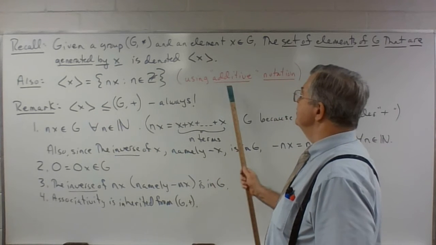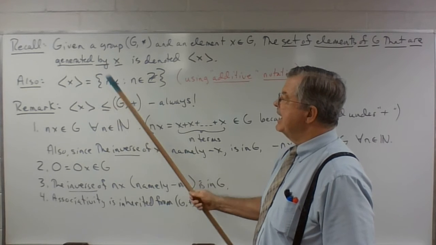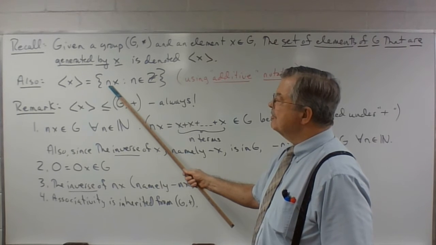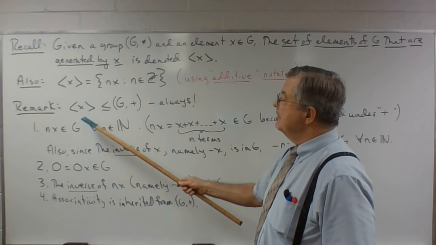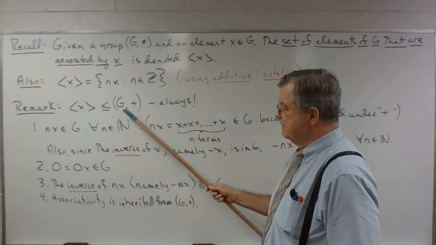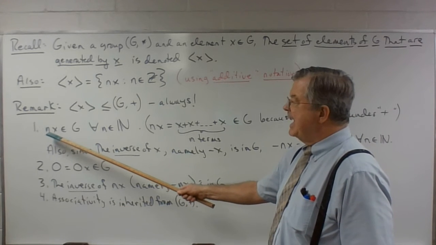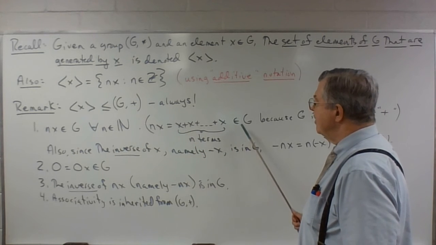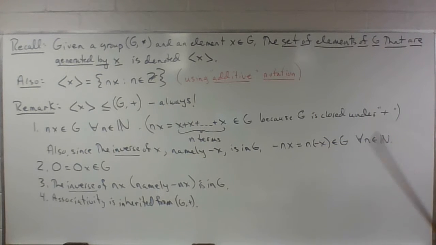So essentially, using additive notation, the set of elements generated by X equals all integer multiples of X. And the set of elements generated by X is always a subgroup of G. And here's why. nx, that is X added to itself n times, is always an element of G because G is closed under the operation of addition.